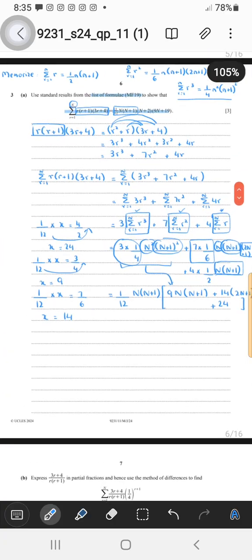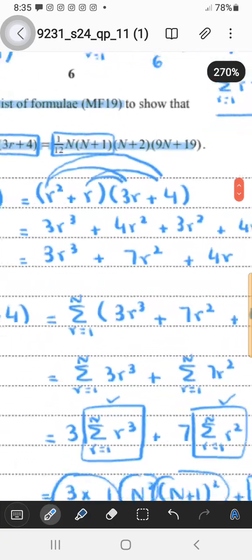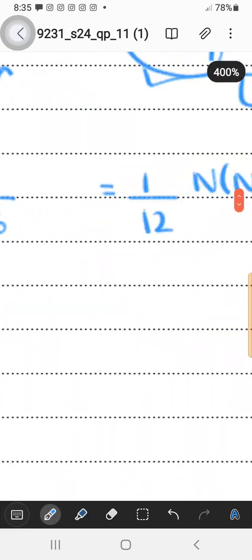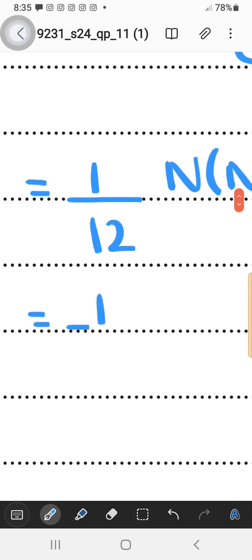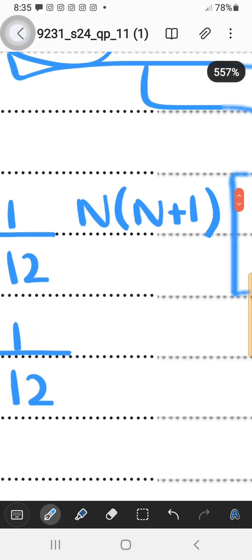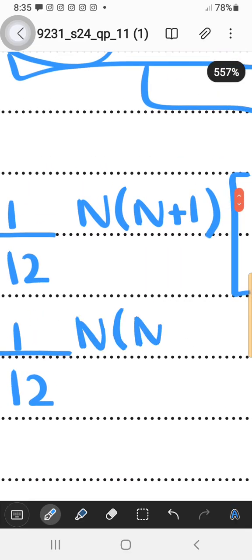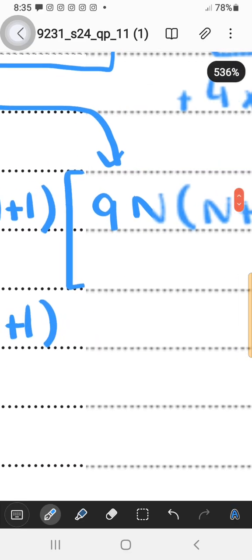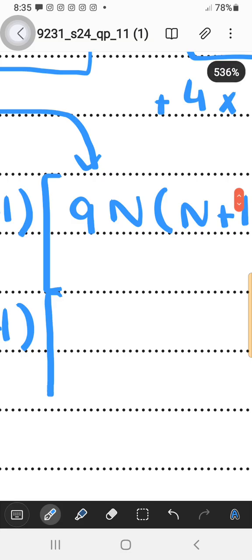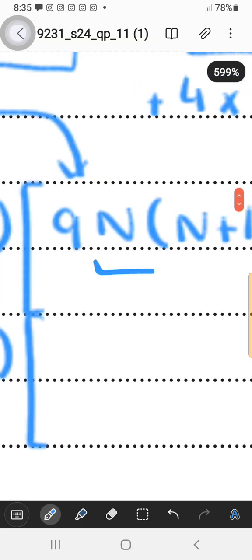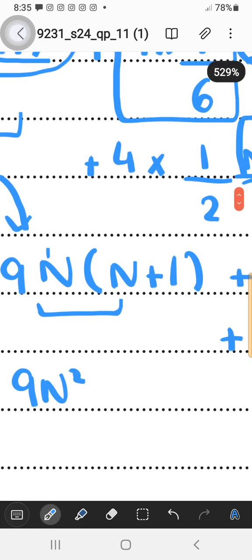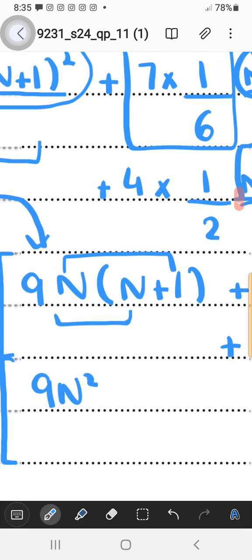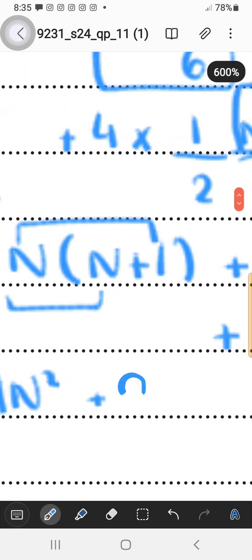We are still not on our target. We want n plus 2 and 9n plus 19. Okay, so we will write 1 upon 12 and n plus 1. We will not change it. This bracket matters a lot. We will multiply this, it becomes 9n square, and then we multiply it with this and it becomes plus 9n.